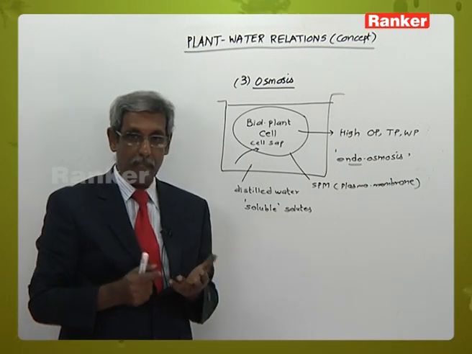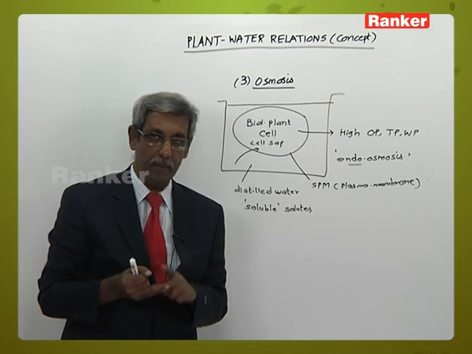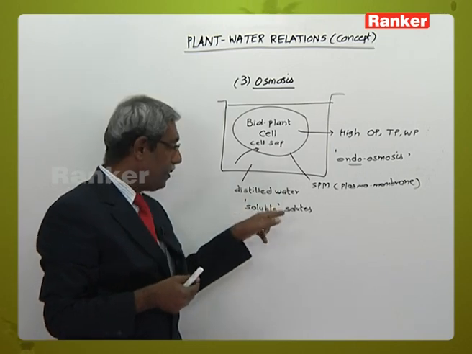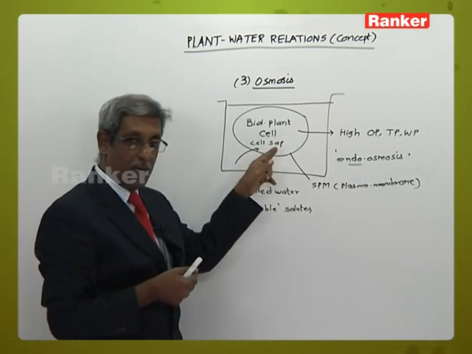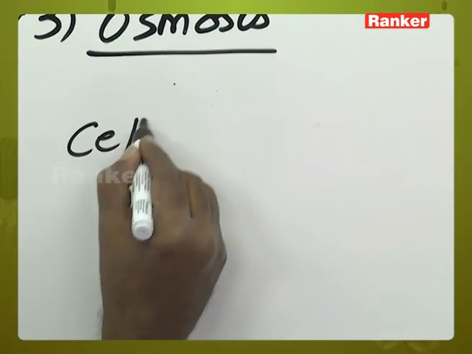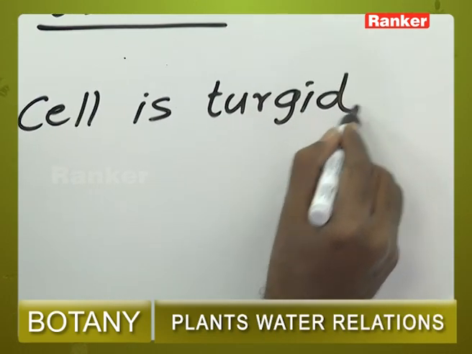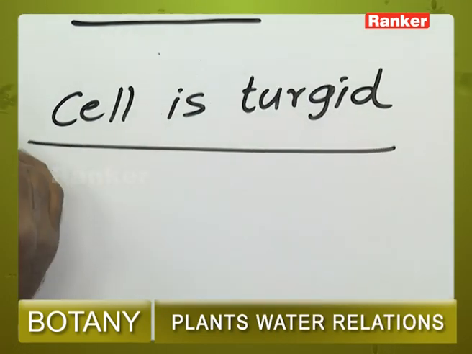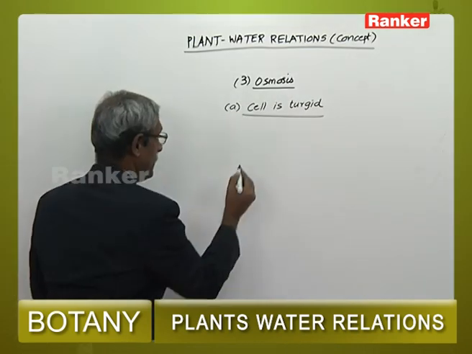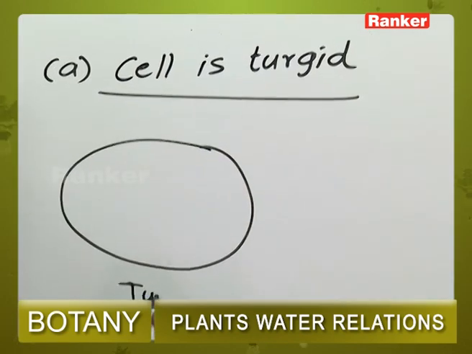The reason is because of the higher cell sap, high osmotic pressure, turgor pressure, as well as wall pressure, and entry of soluble solutes. From the distilled water, it enters into the cell sap. What happens when the cell is turgid? When the cell is turgid, a cell is compact and you call it turgid.